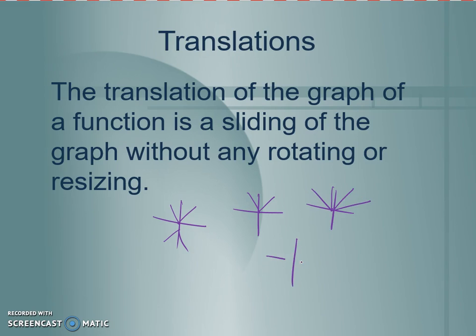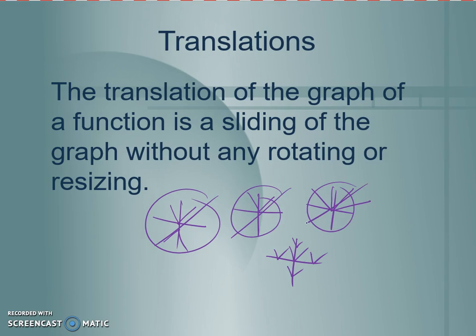We're just talking about the graph moving up and down or left and right. It's not flipping. It's not getting narrower or wider. The translation is just moving up, down, left, or right.